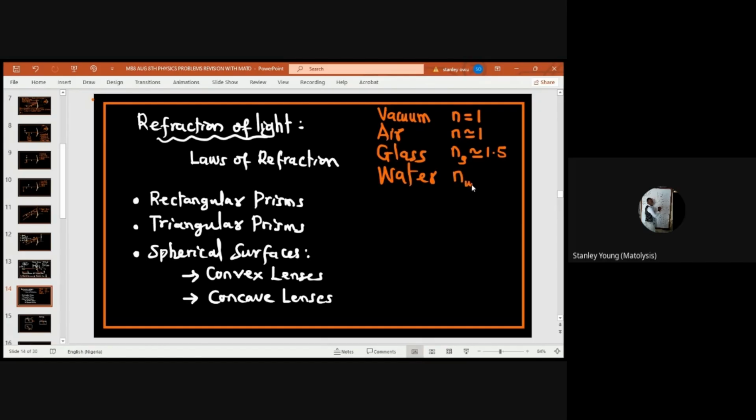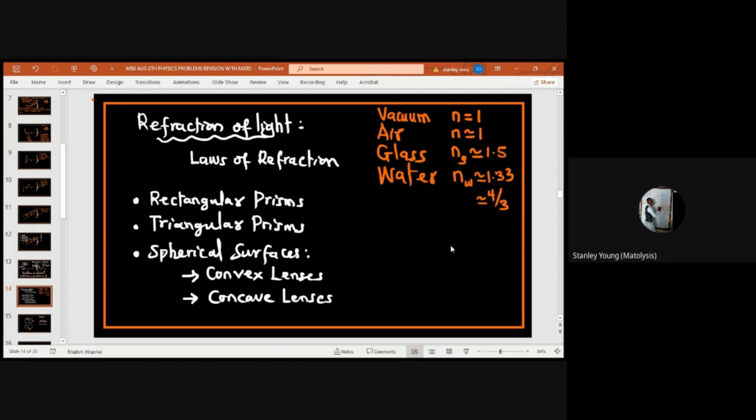The absolute refractive index for water is approximately 1.33, which can be approximated to 4/3. So please get familiar with this information.